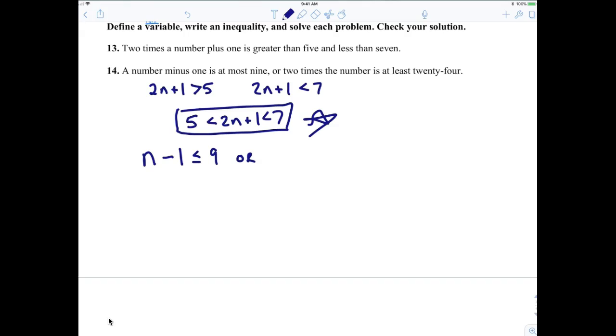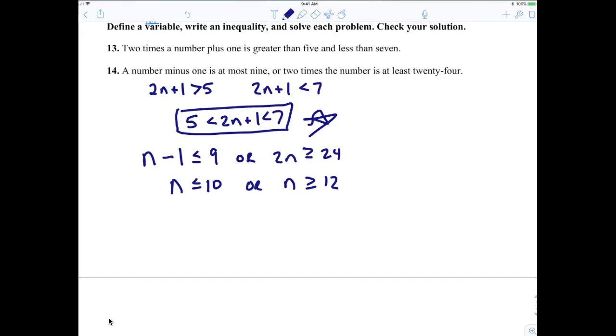Or what? 2n. If I have at least 24, that means greater than or equal to. So now I would know n is what? Or, there you go.